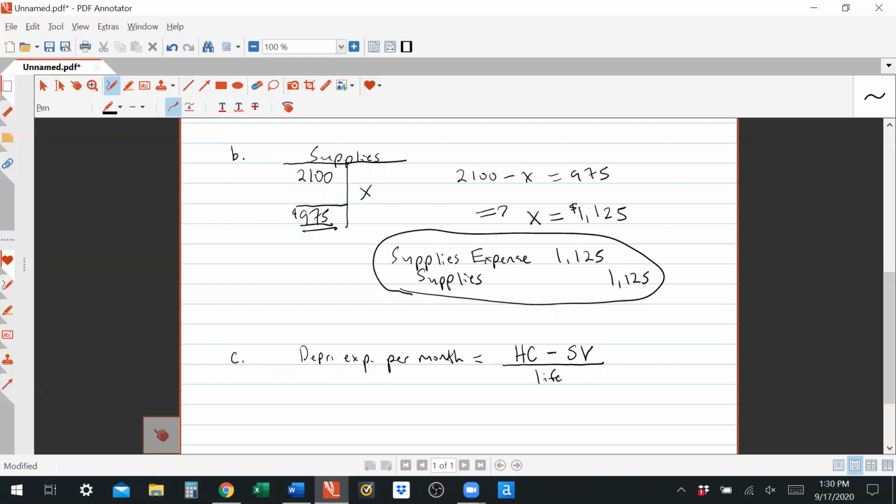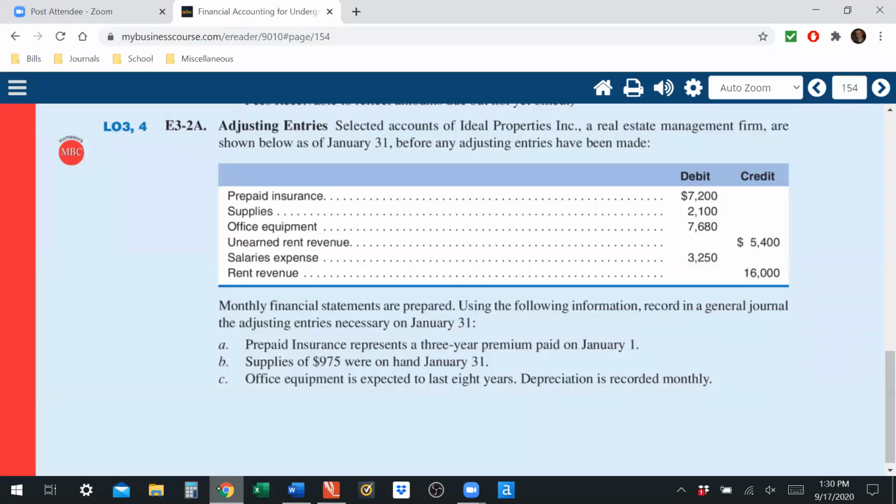All right. The office equipment account at the end of January is sitting there with a balance of $76.80. Since that's a long-term asset, the balance in that account will always stay at $76.80. We won't reduce it unless we sold the asset. Then we would reduce the balance.